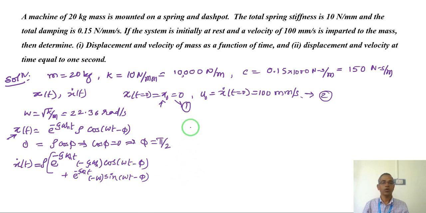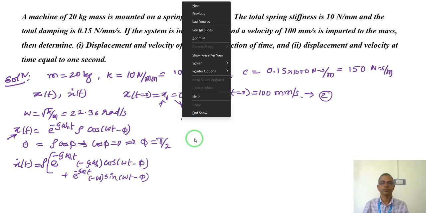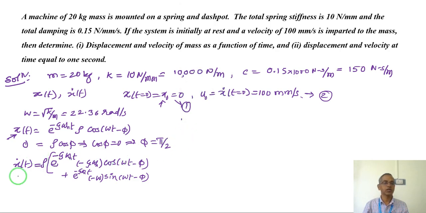Okay. Now if I substitute this, the left hand side, which is equal to 100 millimeter per second, the rho is anyway common.